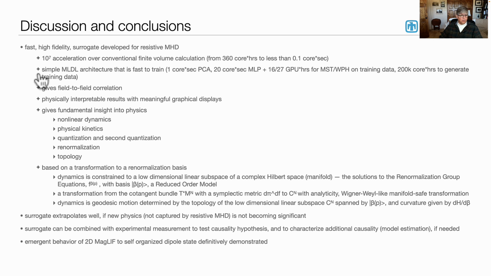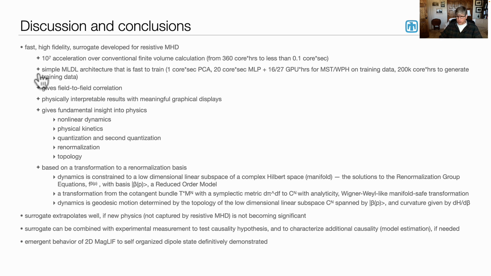It gives fundamental insight into the physics, as I've just discussed on the previous slide, both in terms of nonlinear dynamics, physical kinetics, the quantization and second quantization, the renormalization, as well as the topology. It's based on a transformation to a renormalization basis, where the dynamics is constrained to a low-dimensional linear subspace or reduced order model of a complex Hilbert space or manifold.